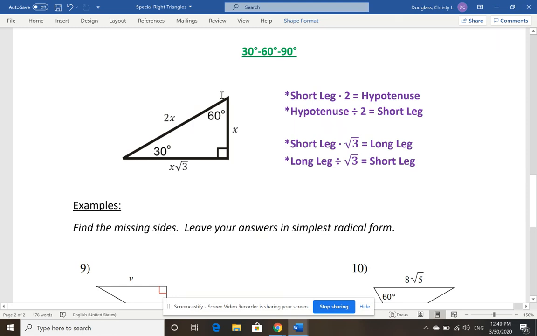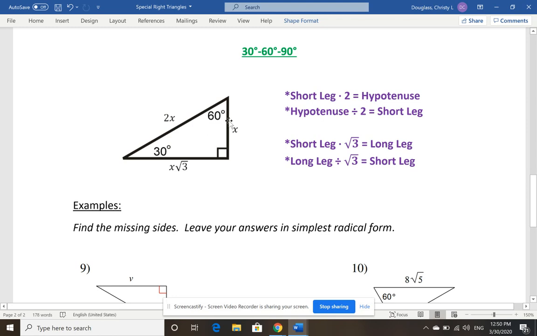But here's what you might not remember. If you look at the 3 angles, the 30-degree angle is the smallest angle. And if you just look opposite your 30-degree angle, you're going to find your shortest side. So this side that's labeled X, we're going to call that the short leg. Remember that the sides that are not the hypotenuse are called the legs, even though in this triangle, the legs are not the same length.